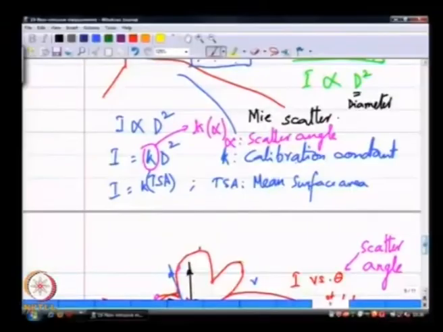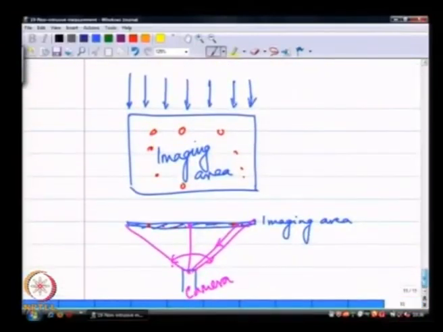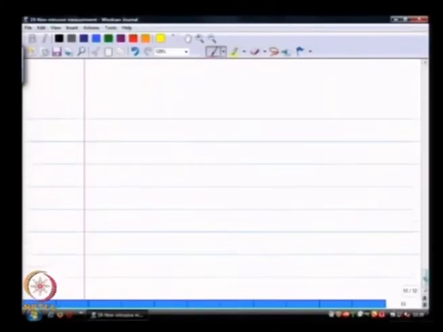That is a possibility, that is a method by which we can get some size related information in a PIV. We will move on and talk about another instrument that is very widely used in particle sizing, called phase Doppler particle analyzer.